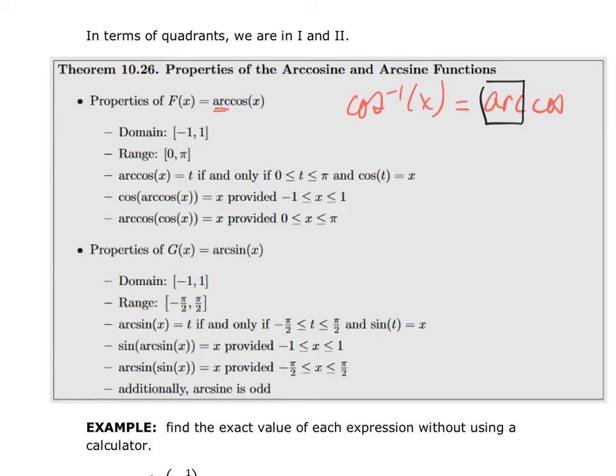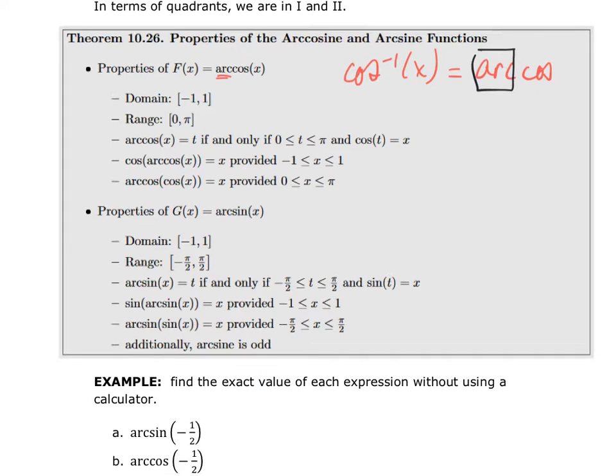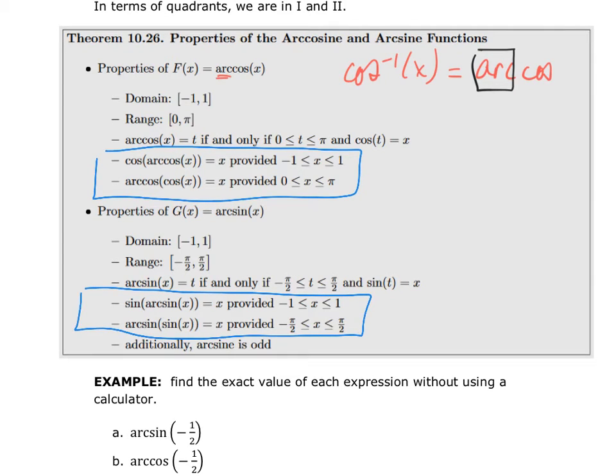So here are all the values and properties of arc cosine and arc sine. You really want to pay attention to this. These are going to be key when we start doing inverses. Those are really key ideas. So we have this rule that says, when I take the composition of my function and its inverse, this had better be x both ways, otherwise they're not truly inverses of each other.